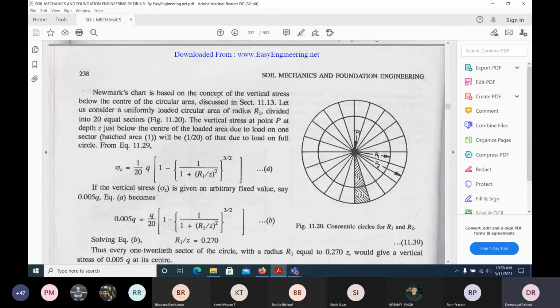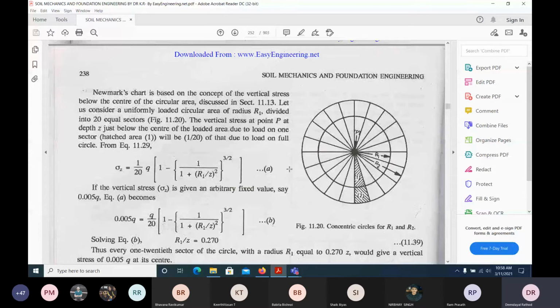Is it not? So when you divide it into small strips here, 20 strips, whatever we have calculated previously from the equation, the hatched area will be 1/20th of that due to the load on the full circle.